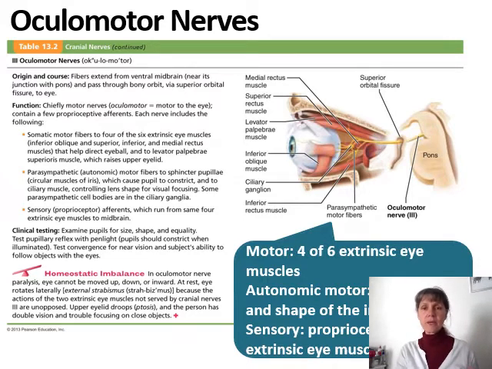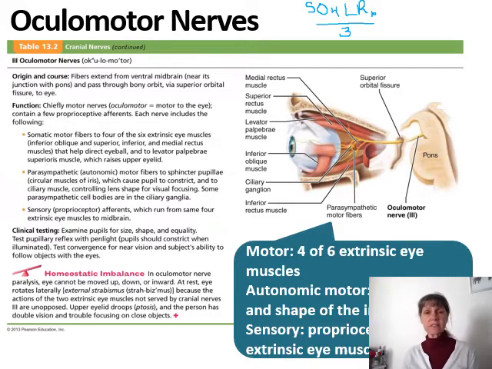So as long as you know all the muscles and you remember SO, which stands for the superior oblique muscle, 4, and then LR, which stands for lateral rectus, 6, over 3. That means that all the other extrinsic eye muscles are going to be innervated by cranial nerve 3 oculomotor.